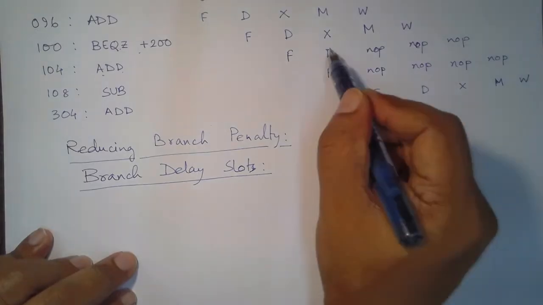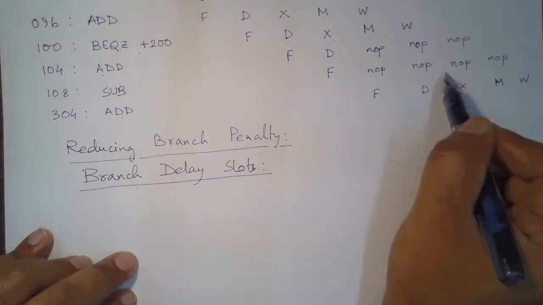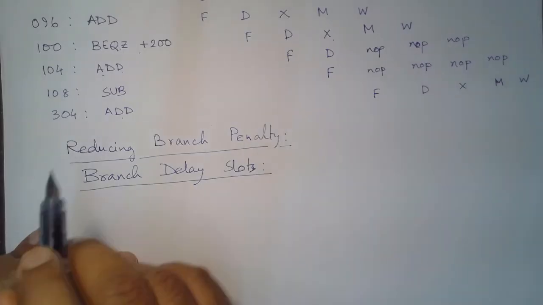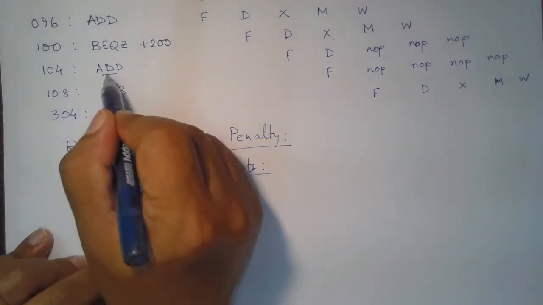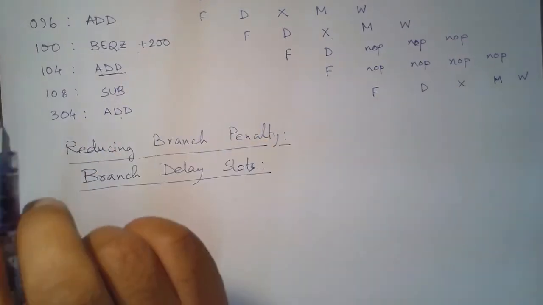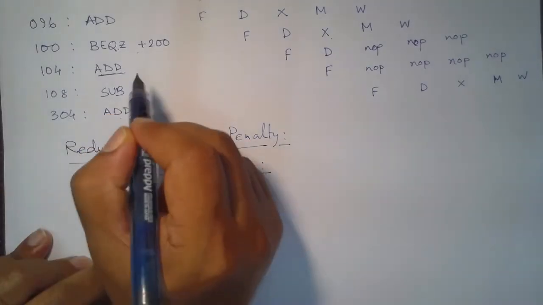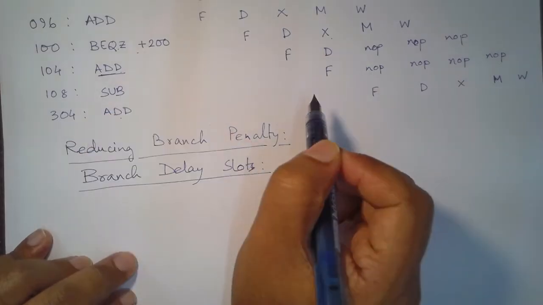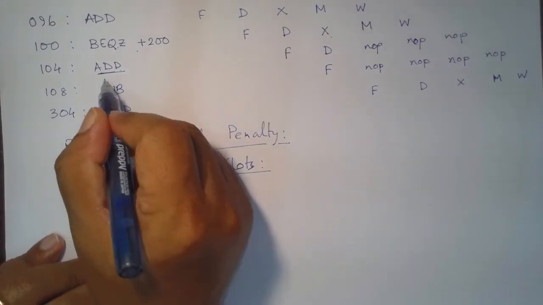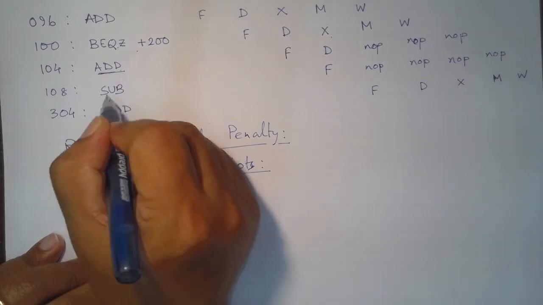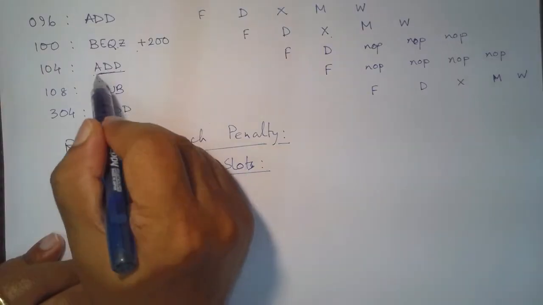So by the time I realize that this is a branch, I will go to this new location, but these instructions I don't have to kill because they were independent of the branch outcome, and the compiler has already ensured that, and that's why these 2 instructions will get executed anyway. Now it's very important that if I use branch delay slots in my processor design, then the compiler is aware that I have to put 2 instructions, depending on how many delay slots you have, let's say there are 2 delay slots in this example.